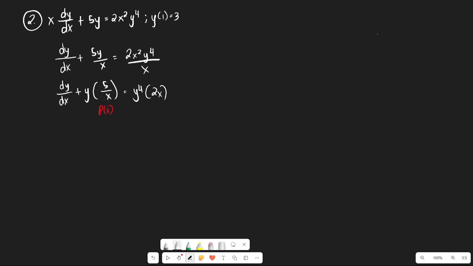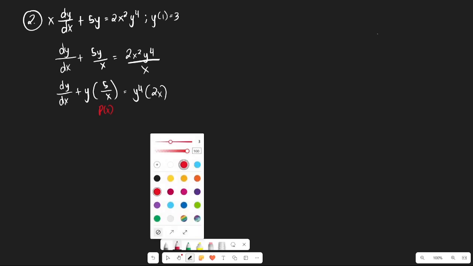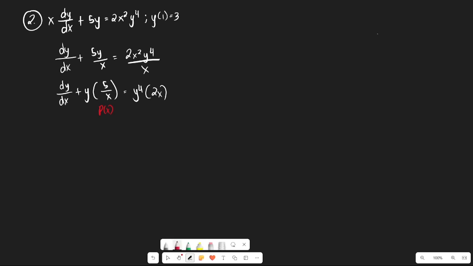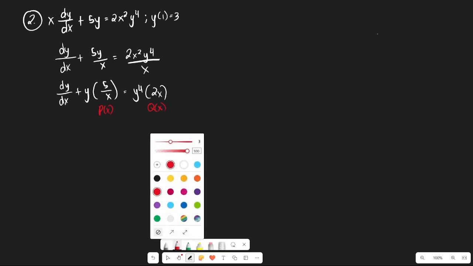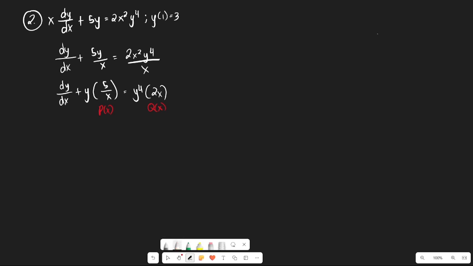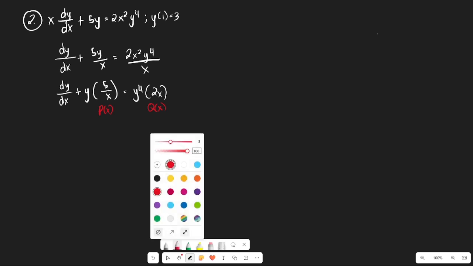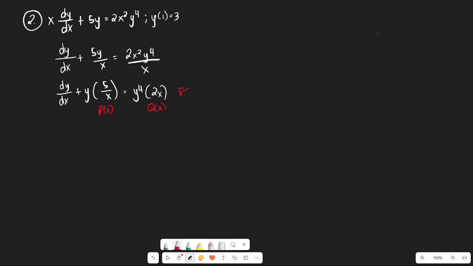So right here you have p of x, and right here you have q of x. Now, this is a standard form of a FOBDE. So this is a FOBDE in y.